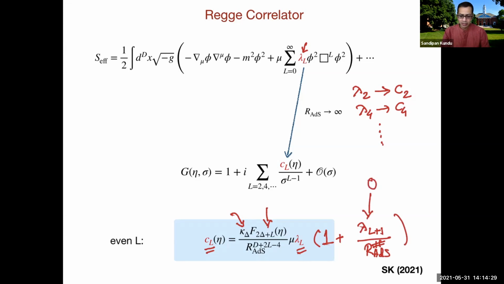That means basically the odd L interactions are always subleading. So at least from this particular formalism, I'll not be able to derive any restriction on the odd L lambda coefficients. But obviously, as you can see from this relationship, I'll be able to derive strong constraints on even L lambda coefficients.